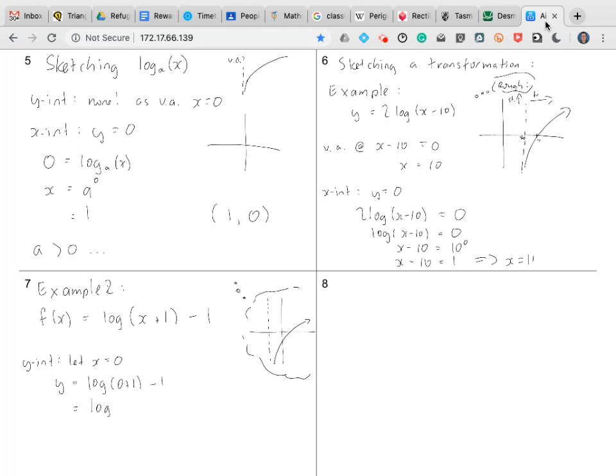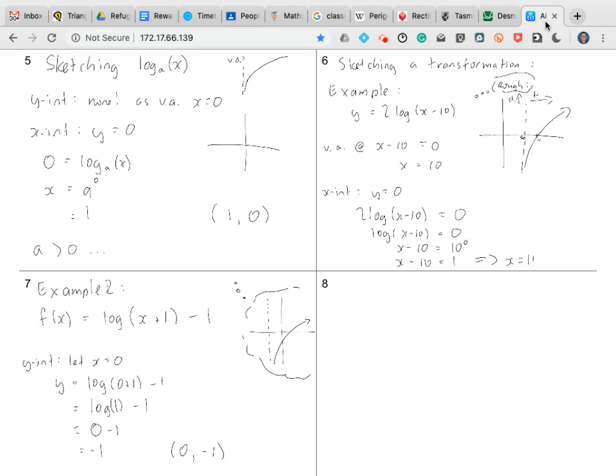So it equals log 1 minus 1. What's the log of 1? It's 0, isn't it? So I can substitute 0 for that, and I've got a y-intercept of negative 1.